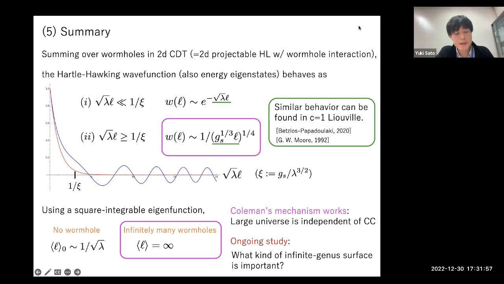There are some studies. For instance, in 3 dimensions, a model called locally causal dynamical triangulations was proposed. In such models, you do not allow the foliation. You just respect the local causality.